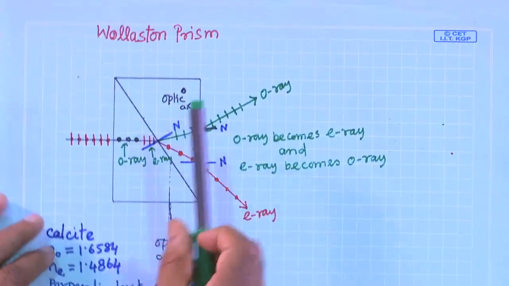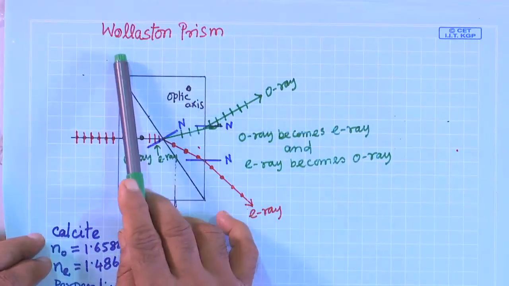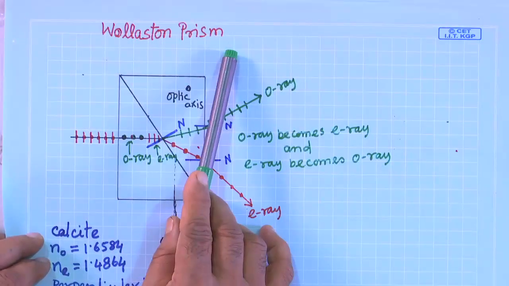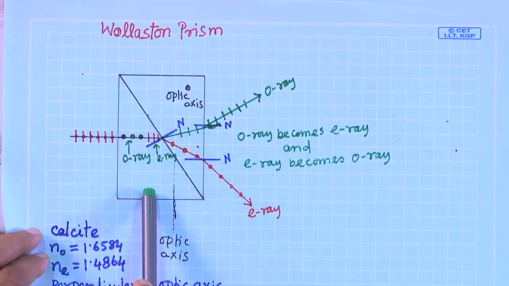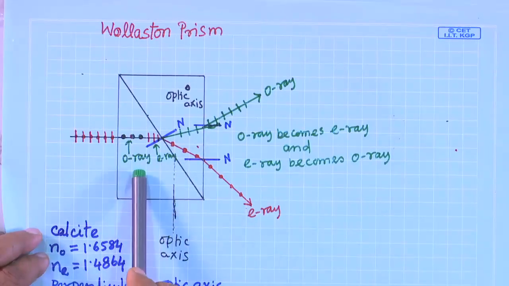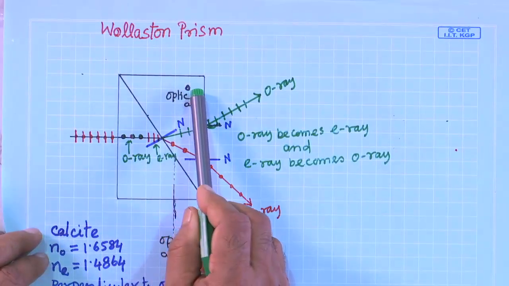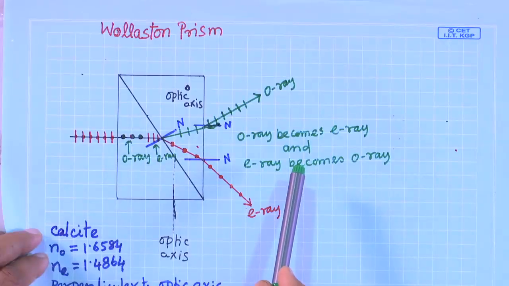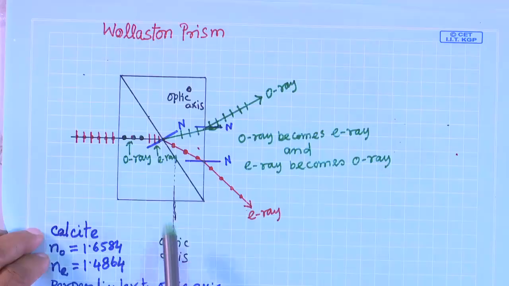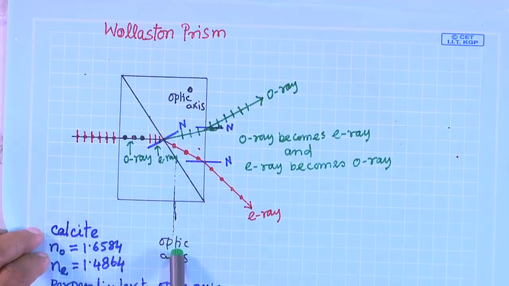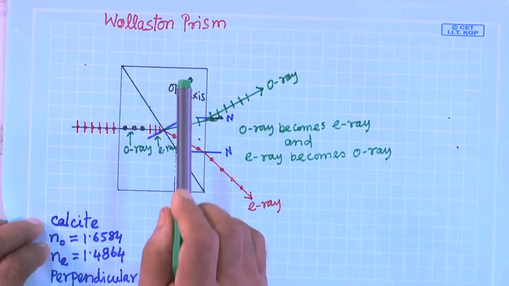Okay. So, next, another prism, it is called the Wollaston prism. Okay. In this case, of these two halves, this half has the optics axis in this direction, and the other half has the optics axis perpendicular to the plane of the paper.